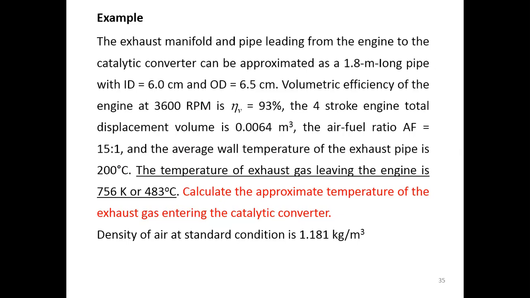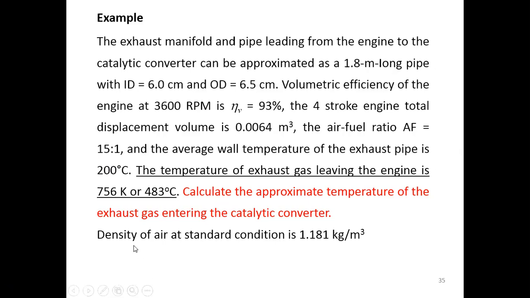So the gas temperature is not 483 degrees Celsius as it leaves the engine, because the wall temperature of the exhaust pipe is only 200. There is heat transfer, and the result is that the gas temperature will reduce. They want us to find these temperatures.